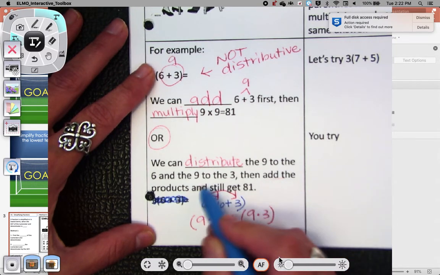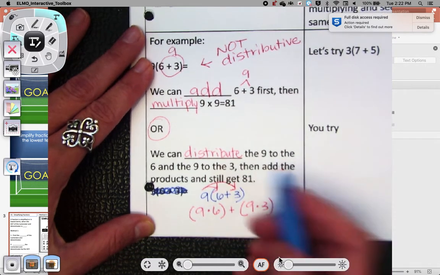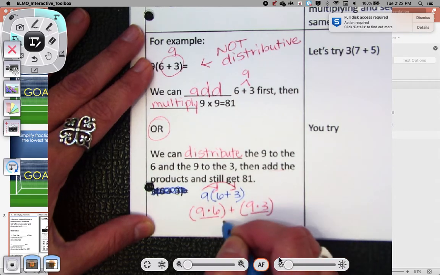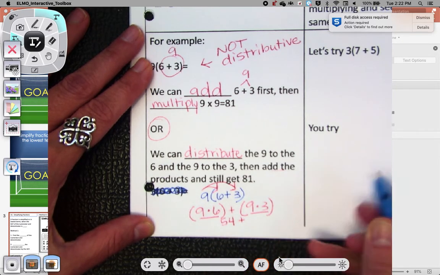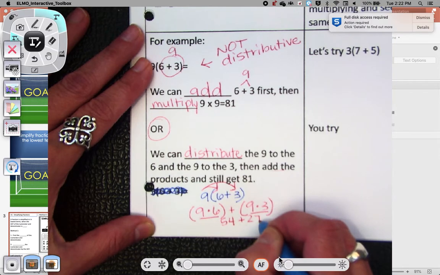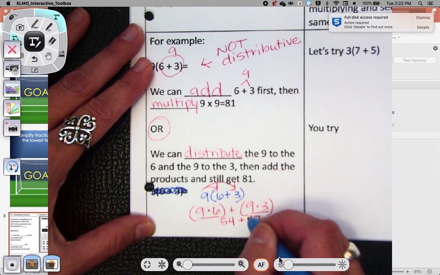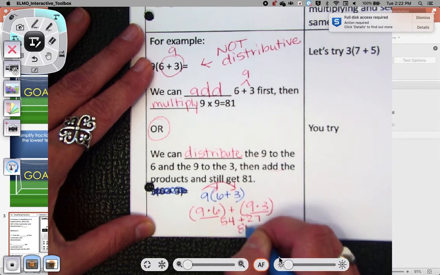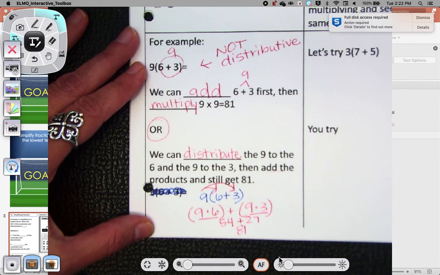And then add those products, 54 plus 27, and still get the answer 81. This is the distributive property because we distributed the 9 to the 6, and we distributed the 9 to the 3, and then we added those products.